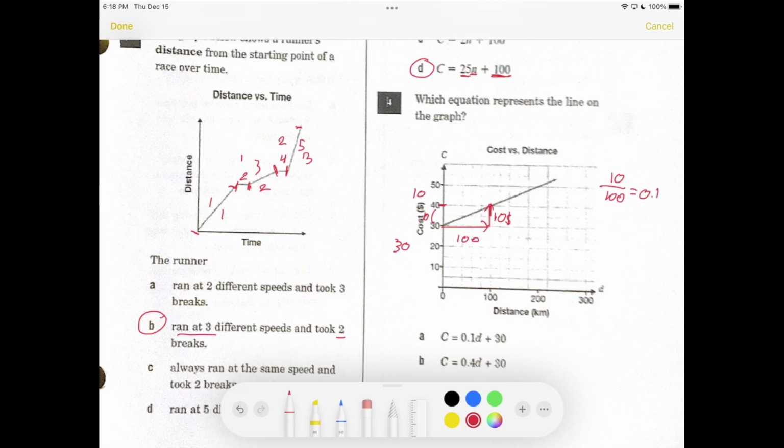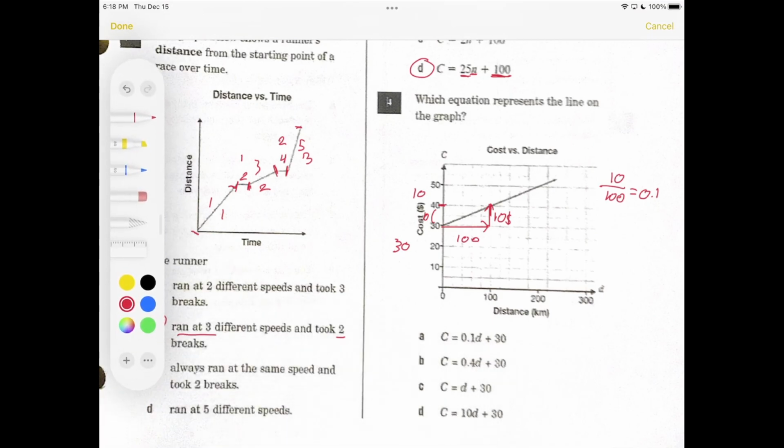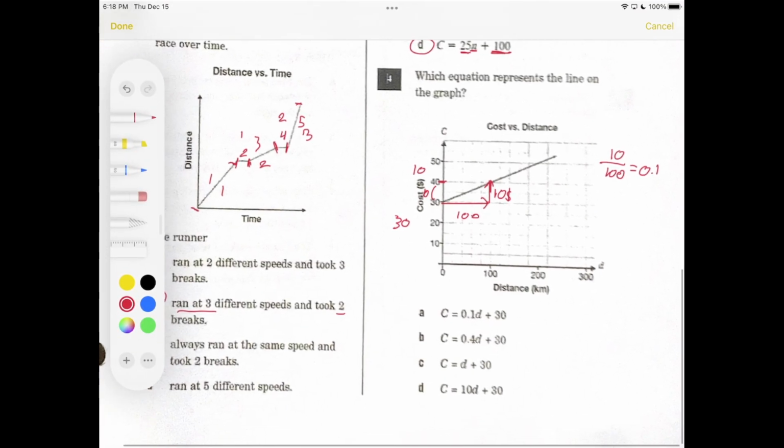So let's look at which best represents what we found out. We know that it starts at 30 and it goes up by 10, or 0.1, each time for distance. We know that A best represents this formula.